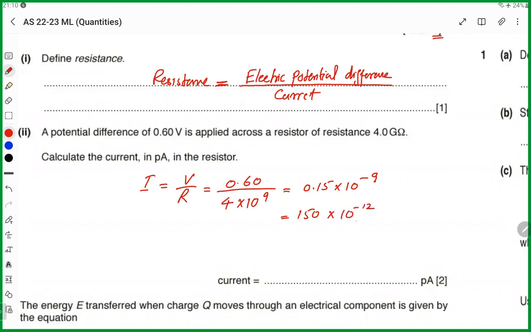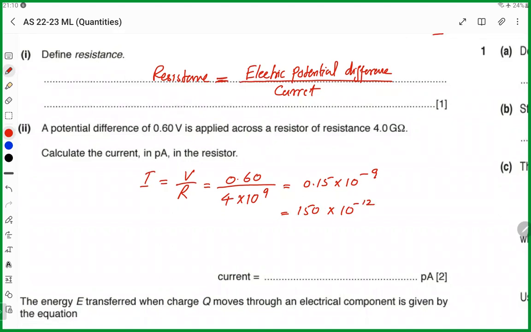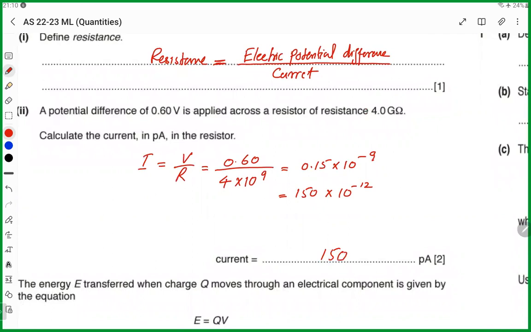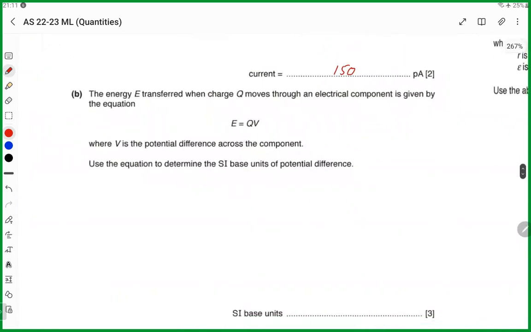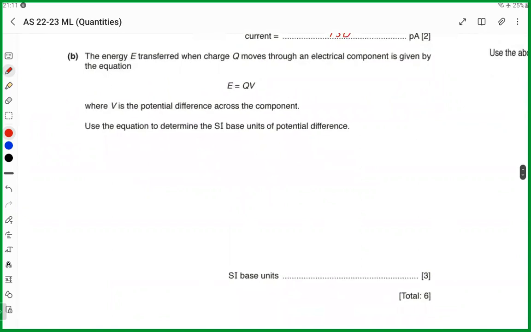Minus 12 is taken as pico. So 150 pico amperes. Now that is not relevant over here because you will be doing it later. This is the question that you have to do.